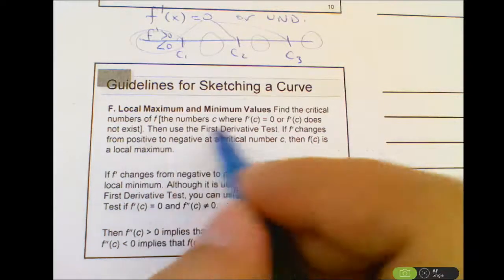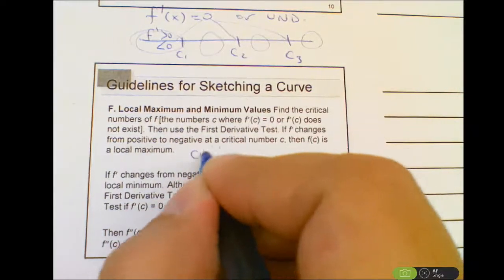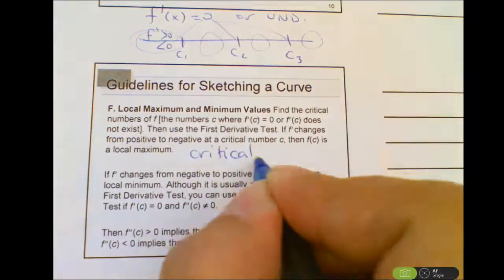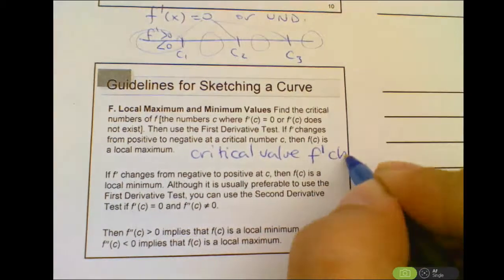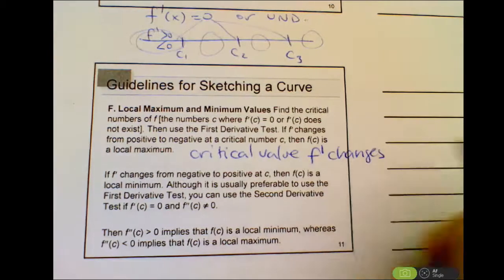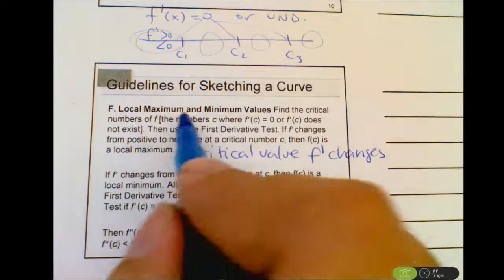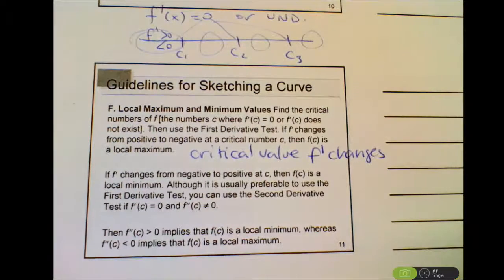And you know, when you're taking the derivative, you find all your critical values, and then you want to see if the derivative changes sign from positive to negative or from negative to positive to determine whether it's a local minimum or maximum.